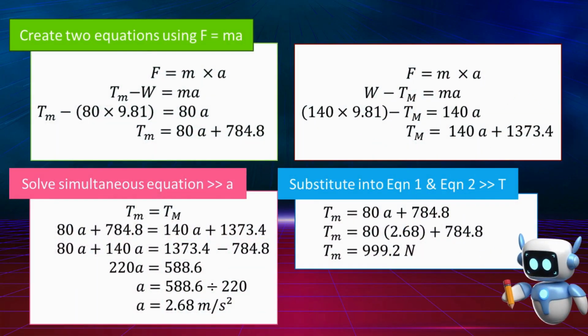Next step is we write two equations using F equals ma for each mass. In this question, we skip the step of calculating friction force because there is no friction involved. After solving the equations simultaneously, we obtain the acceleration of the system. Finally, we substitute the acceleration value to find the tension in the rope.